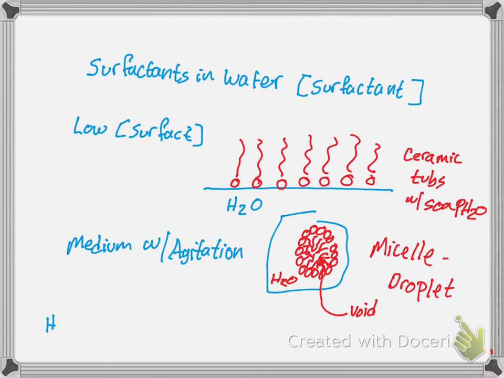How about high concentrations of surfactant? Well, in those cases, what you get is this. Oh, sorry, I'm using the wrong color. I use red for surfactants. Look at me, I'm paying attention.